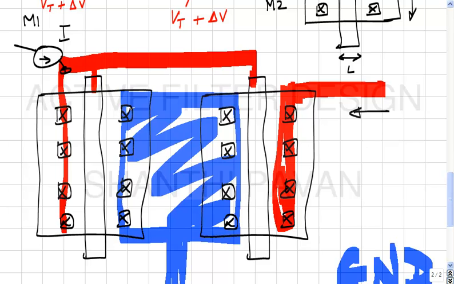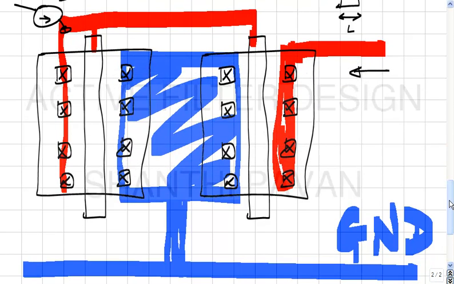Okay. Now, can you comment on if this is a good way? Do you think? Let me mark. So this is the drain, gate, source, gate, drain. So do you think this is a good way of making a mirror, or do you think it's a not so good way of making a mirror?